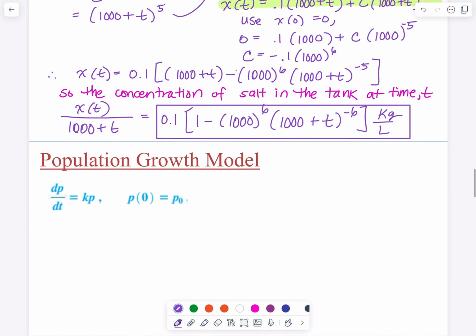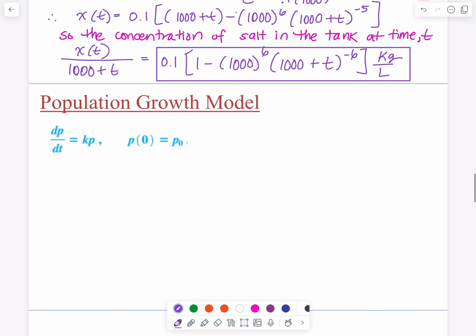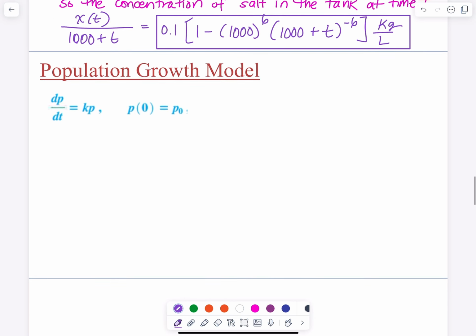Okay, let's now take a look at the population growth model. Here you can see that the change in population with respect to time is directly proportional to the population, where k is a positive proportionality constant.